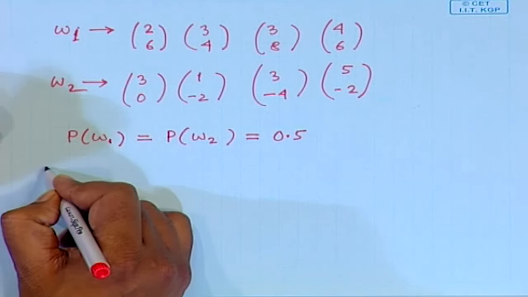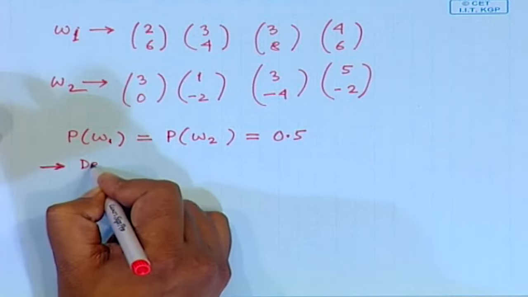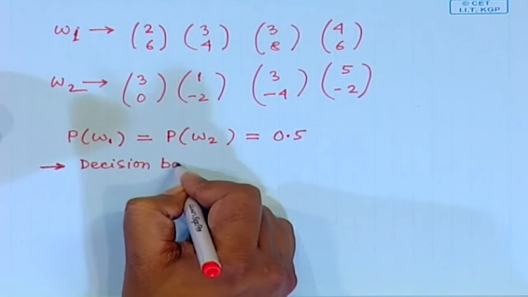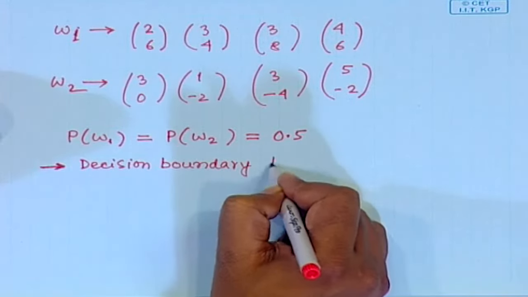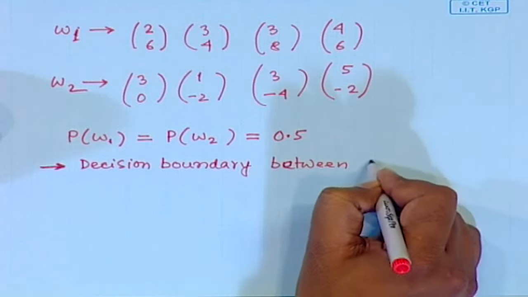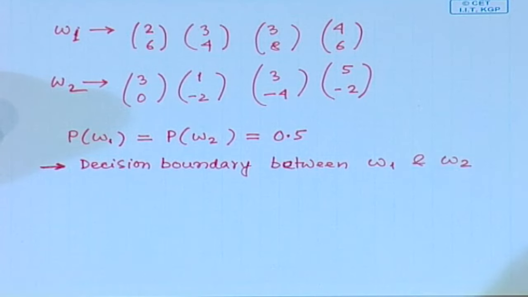So what we have to do is find out the decision boundary between class omega 1 and class omega 2. Okay.